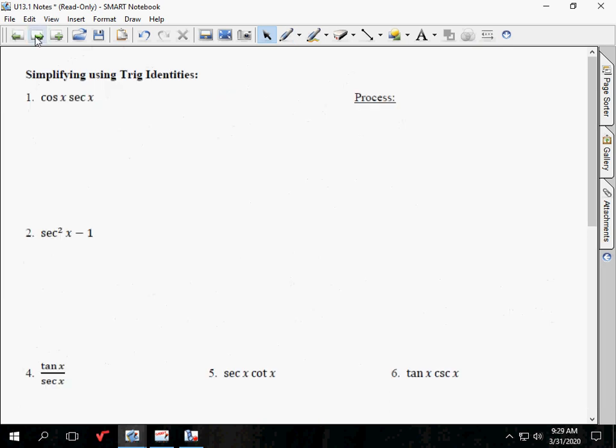All right, so now it says simplify each trig identity. We have cosine x times secant x. So we're trying to simplify this. One main process to use is to change things to sines and cosines. If we can get that, then a lot of things start to cancel out.